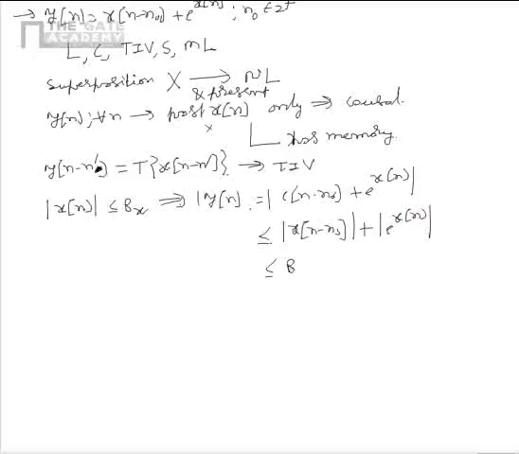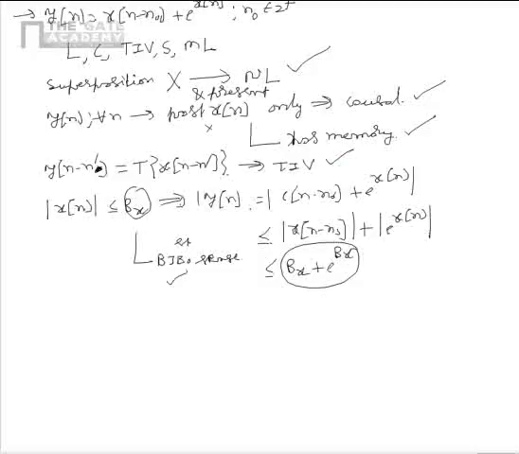So this is less than or equal to Bx plus e power Bx. As Bx is finite, Bx plus e power Bx is also finite. From this, we see that the system is stable in the BIBO sense. From this, we see that the given system is nonlinear, causal, has memory, time invariant, and is stable in the BIBO sense.